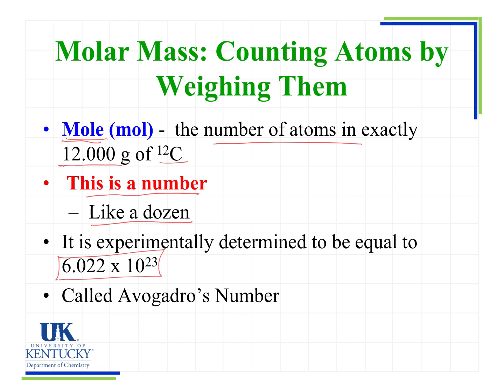A mole of something is 6.022 times 10 to the 23rd of that item. So 1 mole of carbon 12 is 6.022 times 10 to the 23rd carbon 12 atoms. And the mass of 1 mole, or this many carbon 12 atoms, is 12 gram. This number is called Avogadro's number.